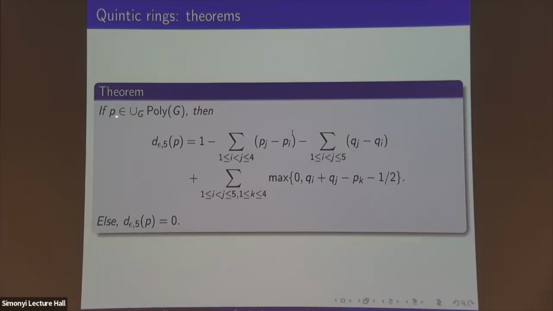If P is in the union of Poly G as we range across all subgroups of S5, then the density function has the following form. Again, it's 1 minus a bunch of pairwise differences coming from the number of Minkowski bases of those rings, plus some correction terms for being in the cusp. And if P is not in the support, then of course the density is 0.